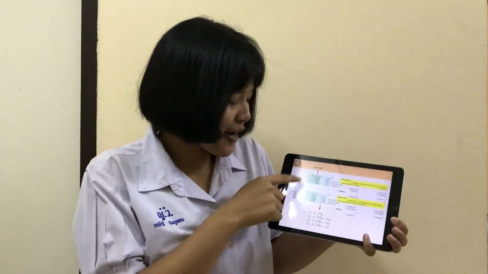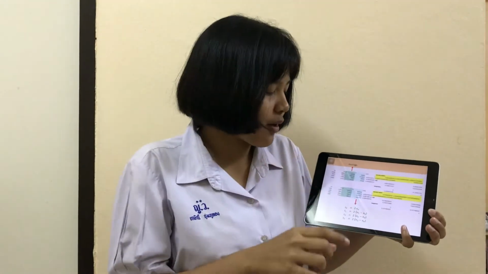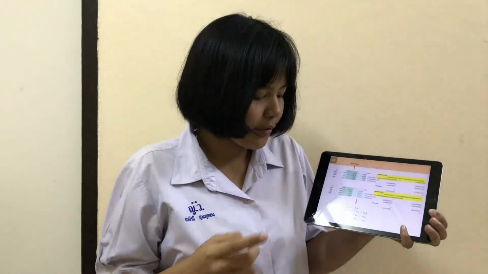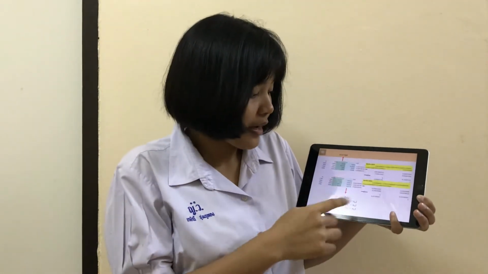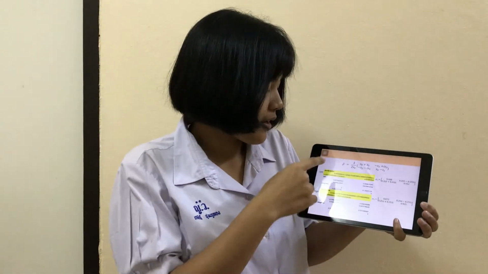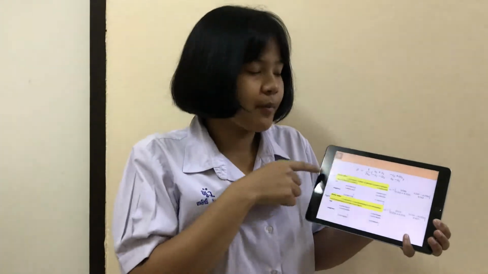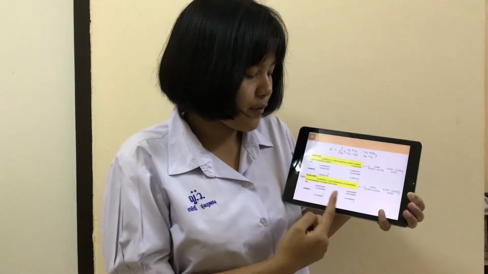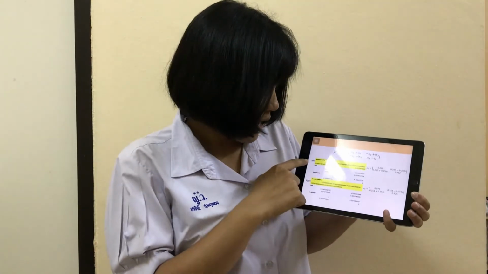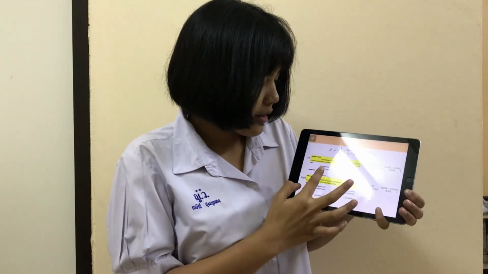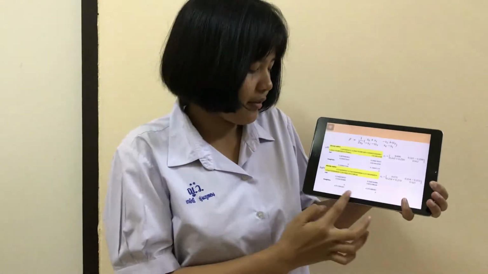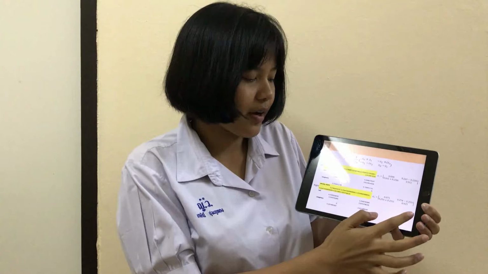Okay, this is the average of the number of photons, and after that I will find S1, S2, S3, and S4 in the equation, and after that I will find the density matrix from the equation, and I will show it in the table. And this is the density matrix on the left side, and this is the density matrix on the right side.